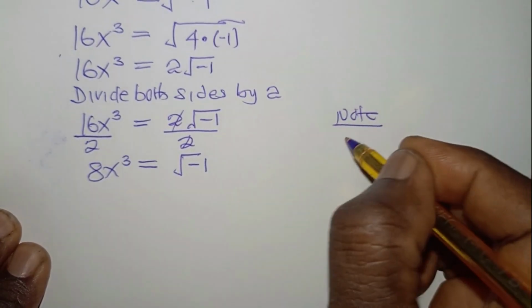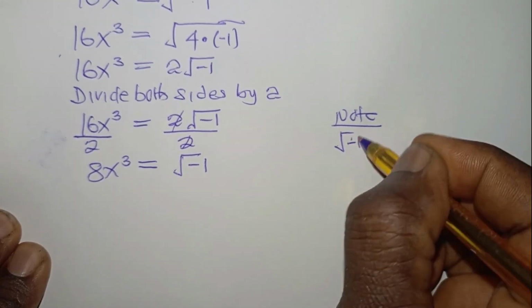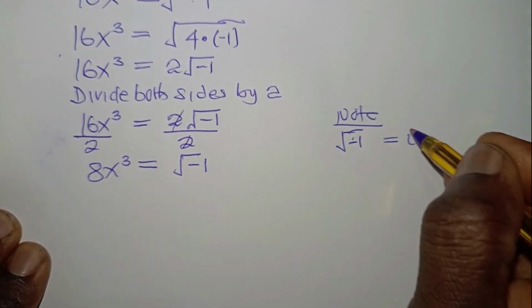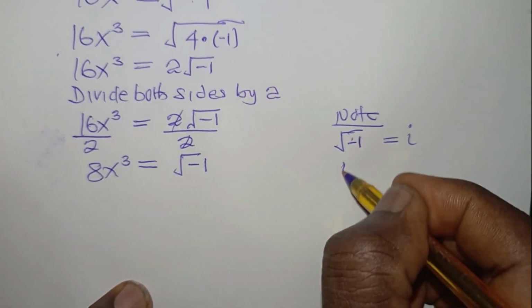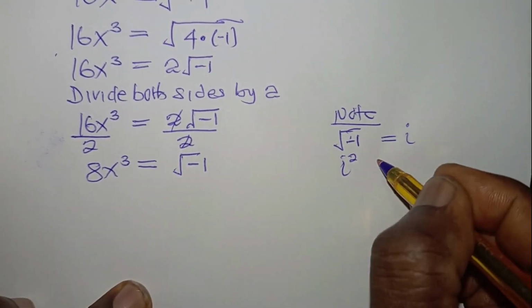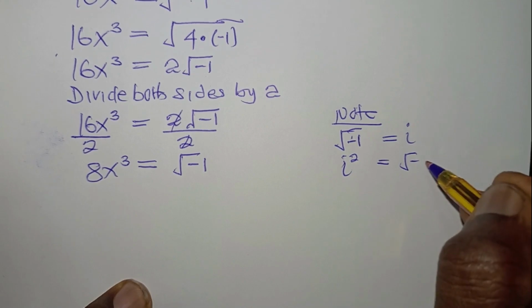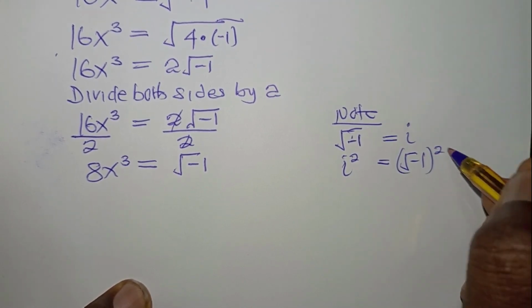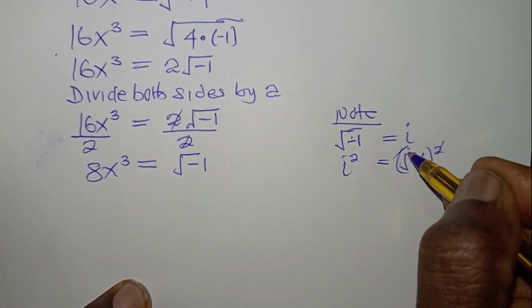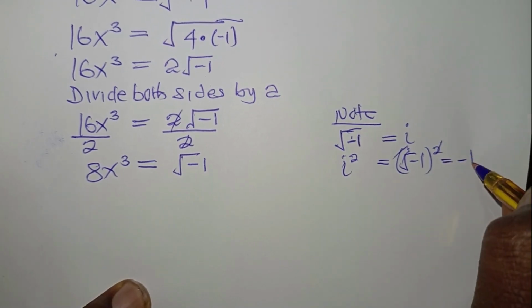Note, root minus 1 is equal to i. So if you have i squared, you are going to get minus 1 squared, and the square will break this root, and that will give us minus 1.